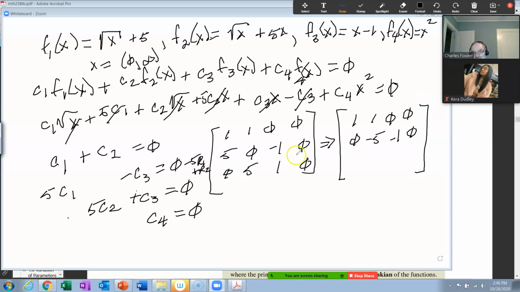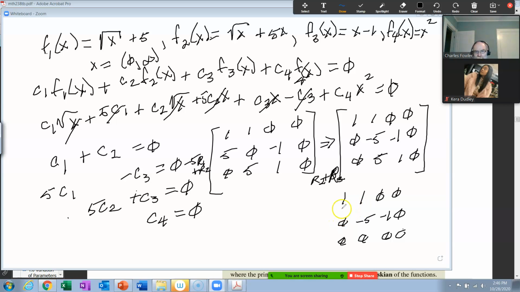Now, this is already a 0 here, so we're just going to do 0, 5, 1, 0. Pretty obvious to me, you can add these two together and you get a row of zeros. So basically what we wound up with was 1, 1, 0, 0; 0, minus 5, minus 1, 0; and 0, 0, 0, 0. What we're doing here is row 2 plus row 3 is the new row 3. And that goes all zeros there.